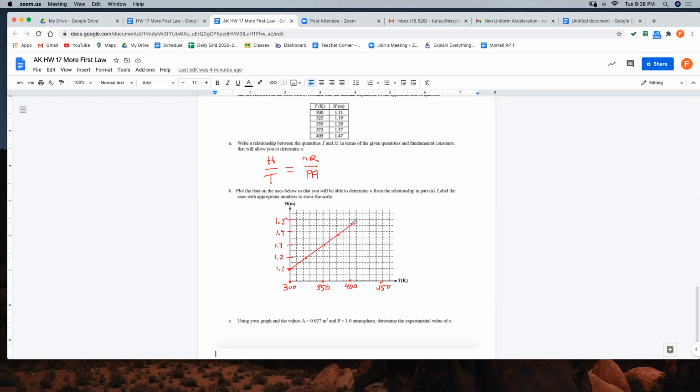If I can find the slope of that line, the slope is going to be H over T. Once I find the slope, H over T, I know R, I think I know P. Well, they're going to give me P, 1 atmosphere, and they're going to give me A. So then I can figure out N. That's the goal here. So plot the data so you'll be able to determine N.